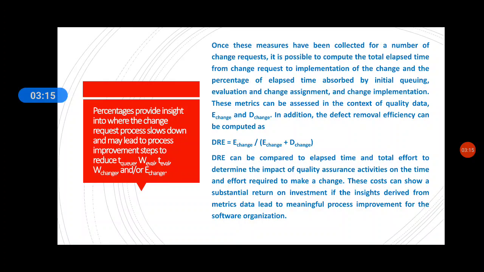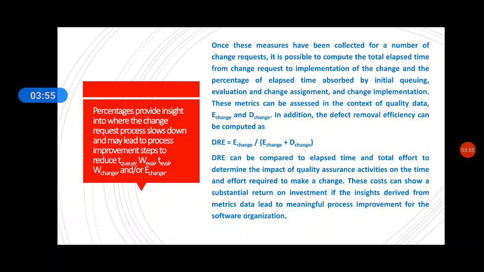Once these measures have been collected from a number of change requests, it is possible to compute the total elapsed time from change request to implementation of the change, and the percentage of the elapsed time absorbed by initial queuing, evaluation, change assignment and change implementation. These metrics can be assessed in the context of quality of data, which we can measure using ECHANGE and DCHANGE.